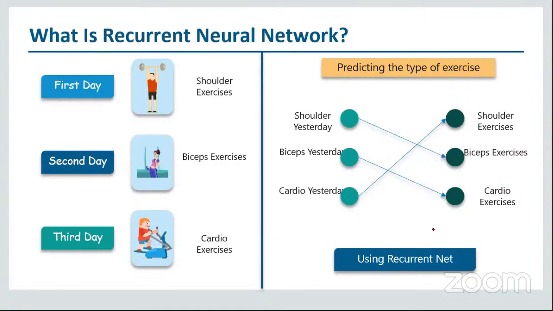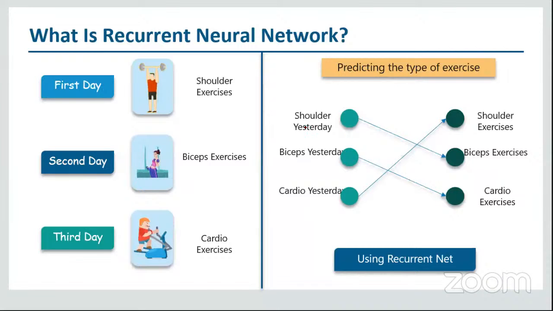Same thing when you see this, shoulder yesterday, bicep yesterday, cardio yesterday. If you do this, you get to do the whole thing in a sequence. So if yesterday it was shoulder, today it is bicep. If yesterday was biceps, today it is cardio. If yesterday was cardio, you do your shoulder exercise.